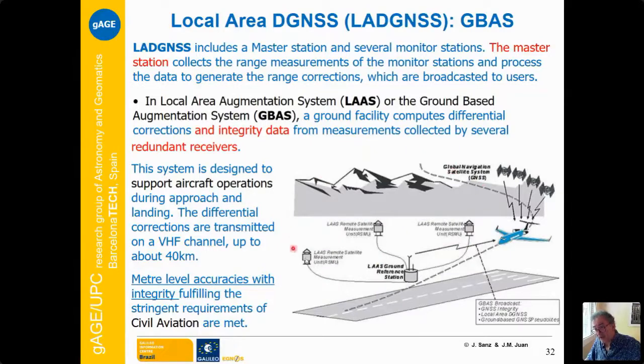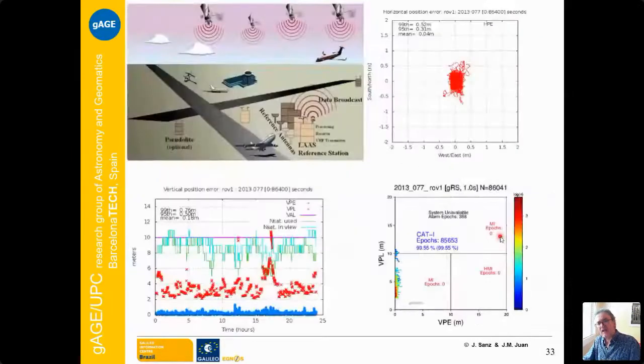Using this reference station, the GBAS station can detect anomalies and send timely alarms to the user, and also compute differential corrections and integrity data. Integrity data means sigmas to compute these confidence bounds. Then alarms and integrity data.